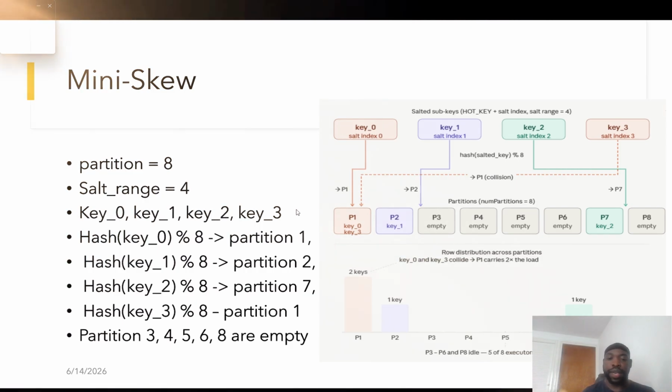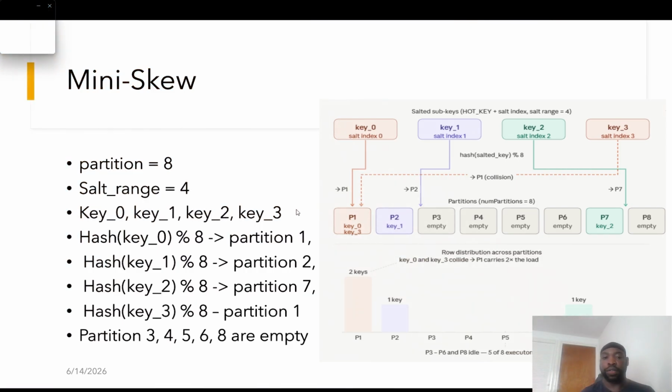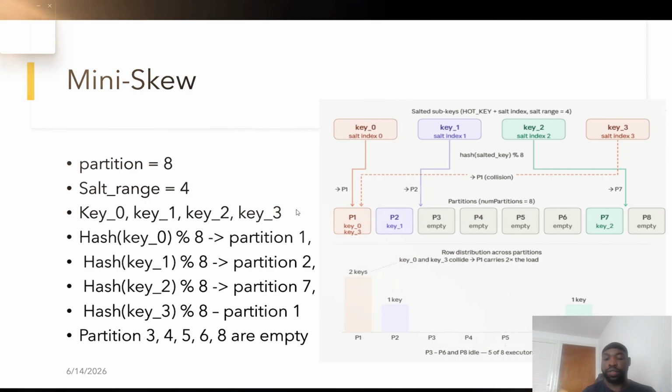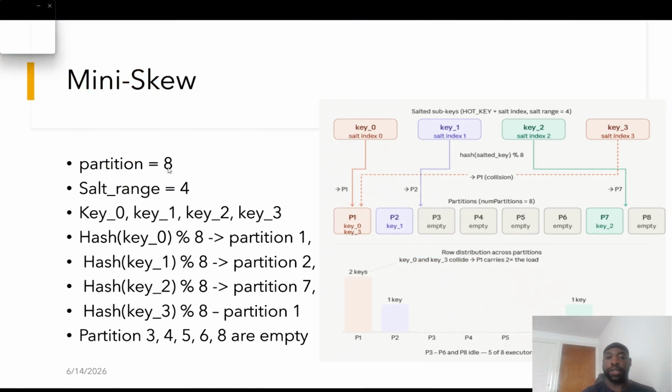So if you say 8, what are the factors of 8? The factors of 8 are 1, 2, 4, and 8, if I'm correct. So you see 4 is a factor of 8.